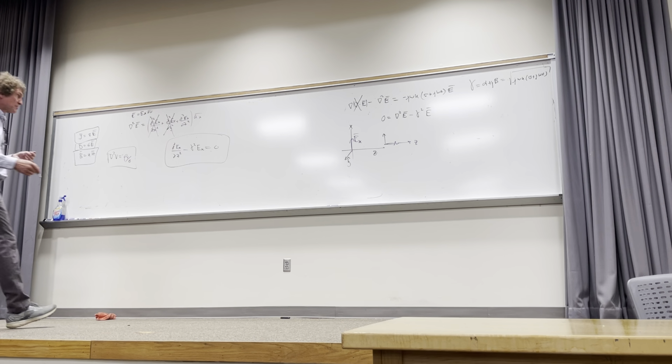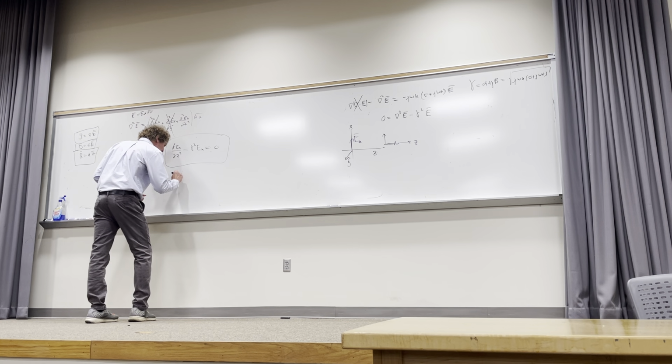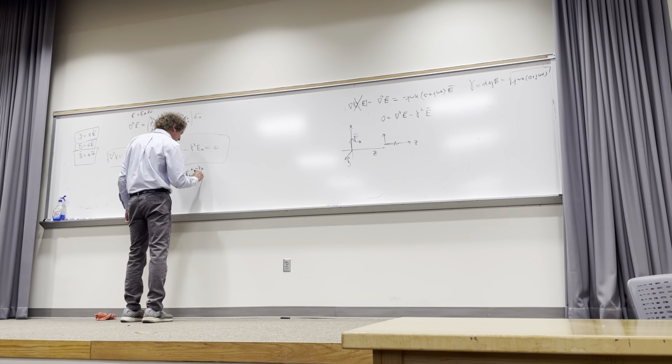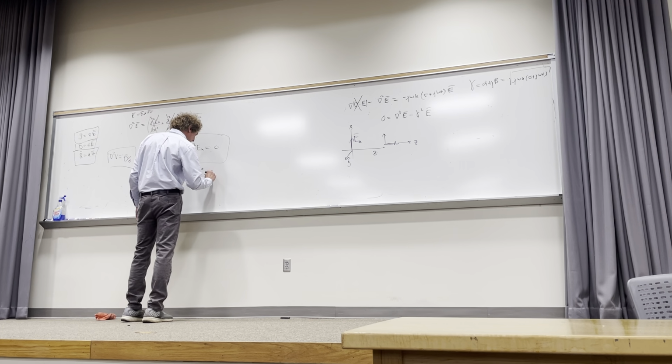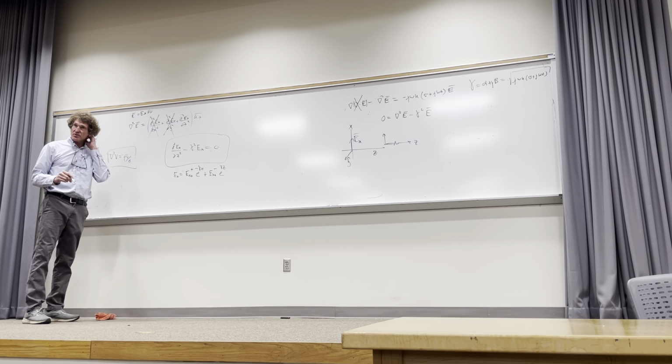The solution is simple. It's this. E_x is simply some E_x0 plus times e to the minus gamma z, plus some E_x0 minus times e to the plus gamma z. Now it's in the x direction. That's the general form of the solution.